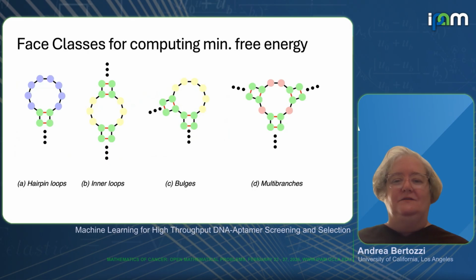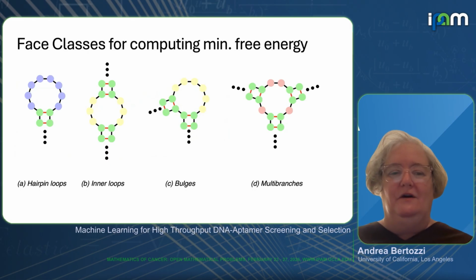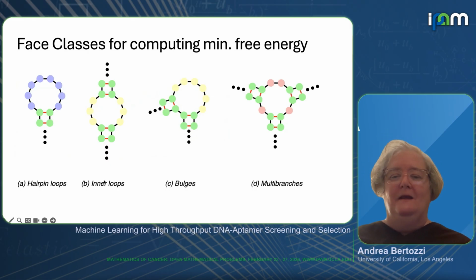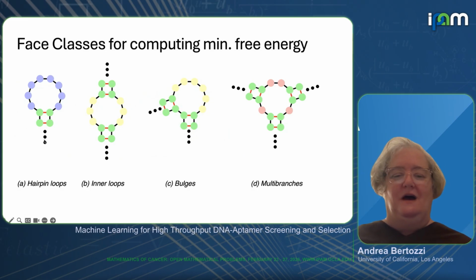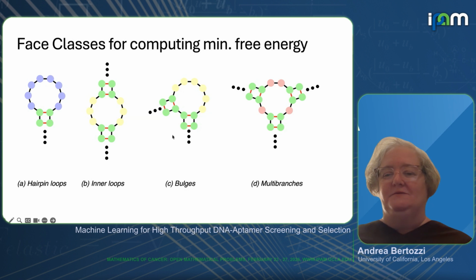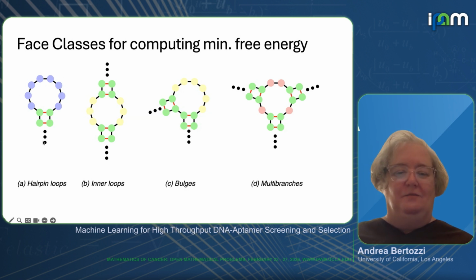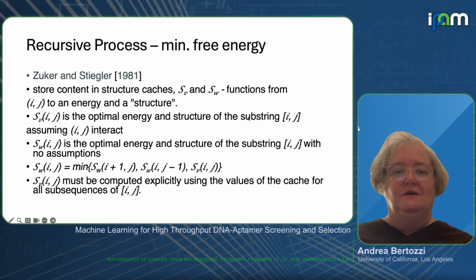The other thing you need to do, if you get under the hood, is look at the fact that the energy calculation is based on phase classes. These are just shapes for the two-dimensional structure, like a hairpin loop, an inner loop, a bulge, or a multi-branch.